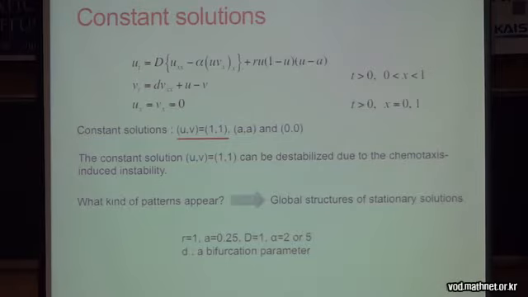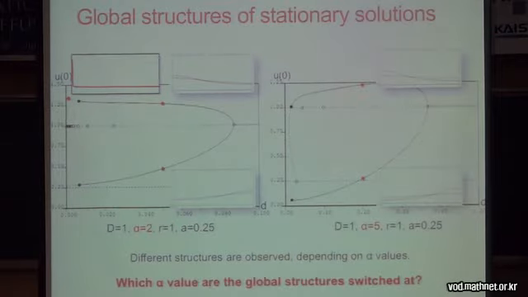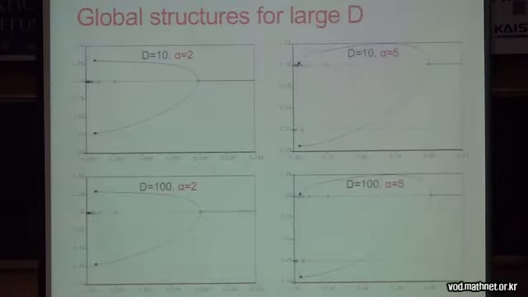If capital D is changed from 1 to 10, 1 to 100, then we obtain quite a similar bifurcation structure. This is alpha equal to 2, d equal to 1; alpha equal to 5. Here d equal to 10, alpha equal to 2, alpha equal to 5.